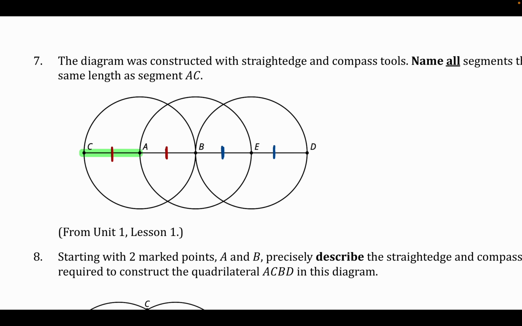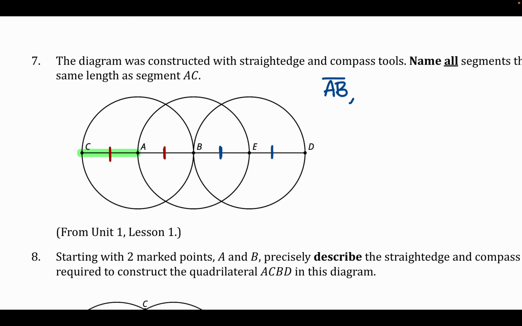And we're just going to name all of those segments. So AC was our original one, so we're going to say AB, BE, and ED.